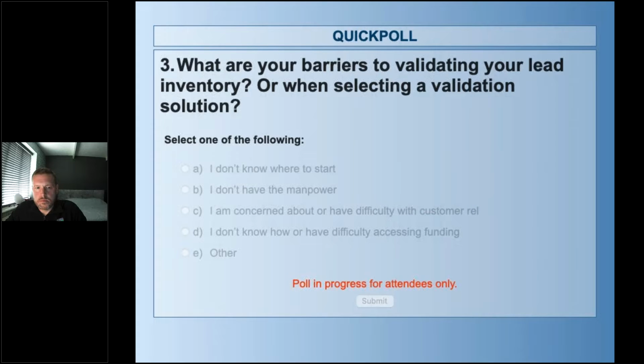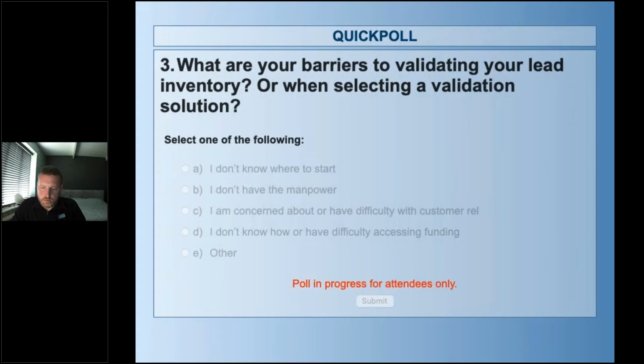Just to make sure our audience knows the question and answers verbally as well as on screen. What are your barriers to validating your lead inventory, or when selecting a validation solution? Answer A is I don't know where to start. B, I don't have the manpower. C, I am concerned about or having difficulty with customer rel.